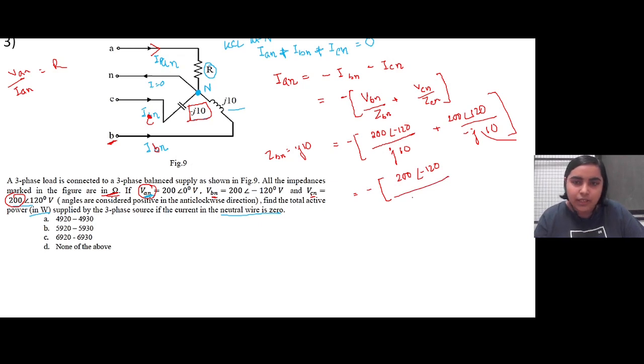And what will be the angle of a purely inductive circuit? The magnitude will be 10 only, right? What will be the angle? Can you comment on the angle?